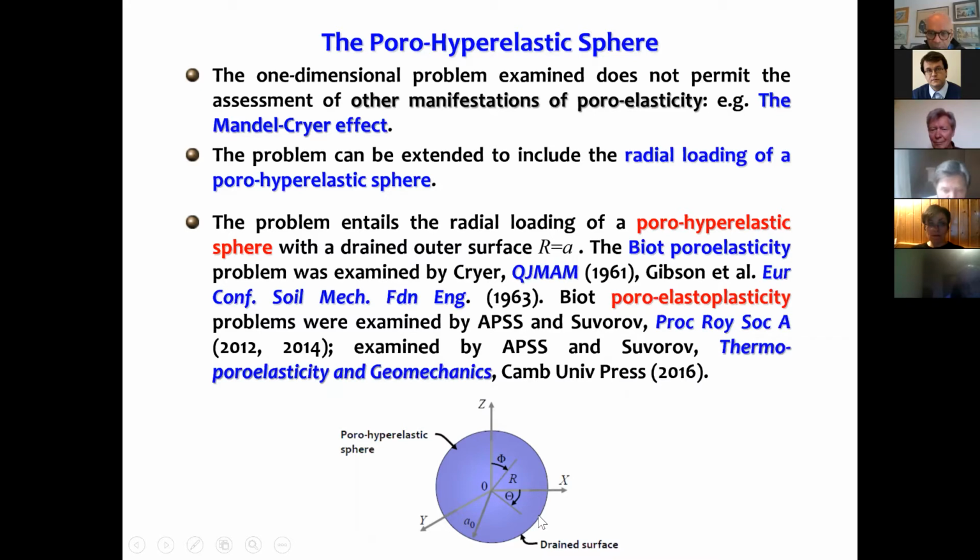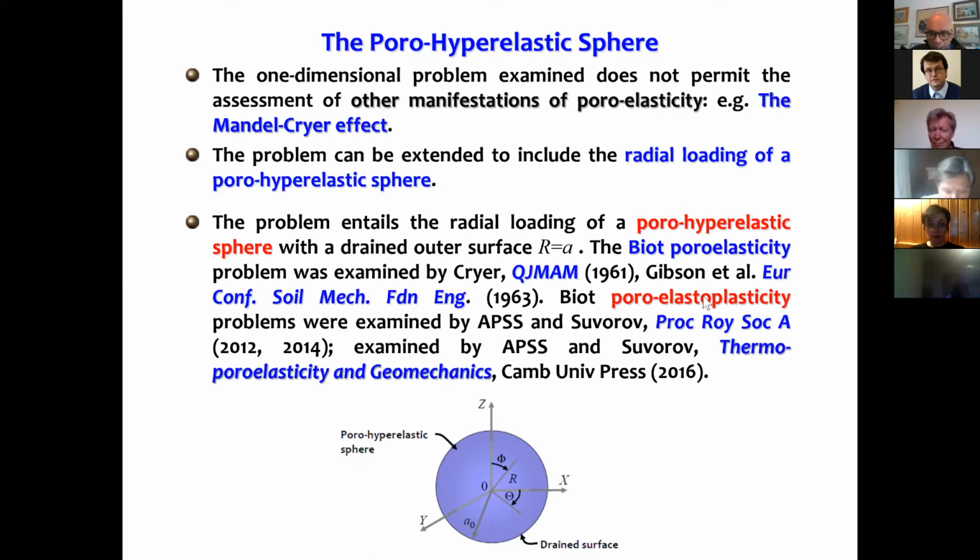So this is a classical case of the so-called poro-hyperelastic sphere. It was solved by Cryer in the 1960s, published in the Quarterly Journal of Applied Mechanics and Applied Mathematics. Gibson and his colleagues revisited this problem in 1963, and they also did the elastic experiments as well.